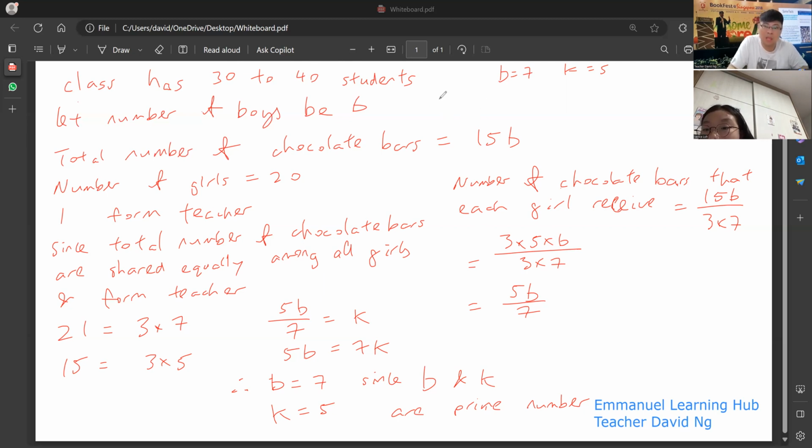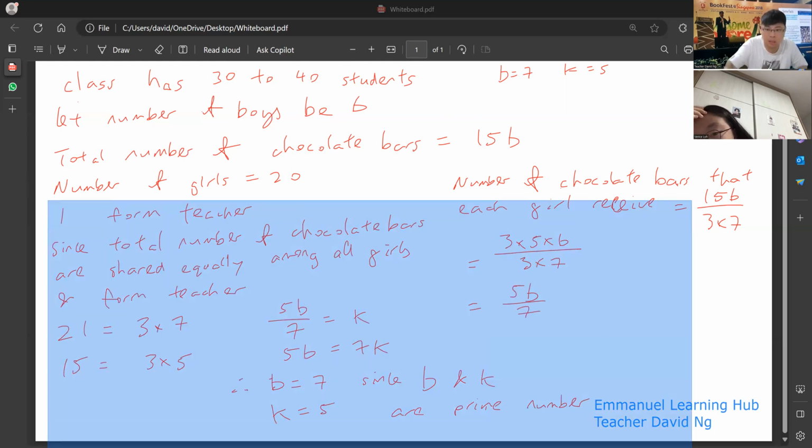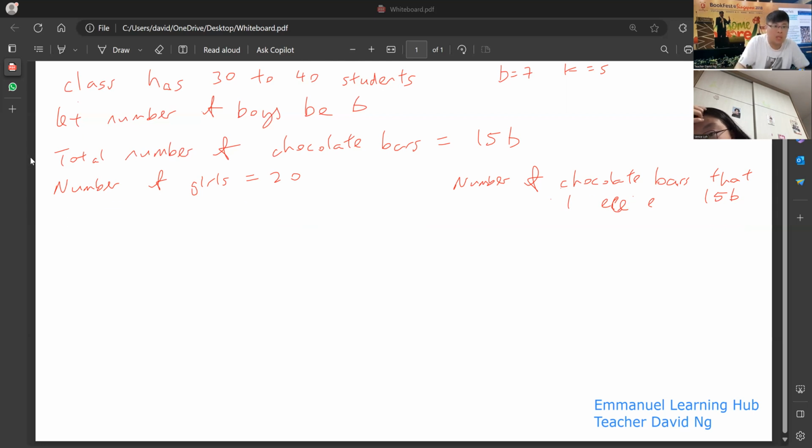Let me erase this part. When B is 7, the total number of students, boys and girls, is 27.